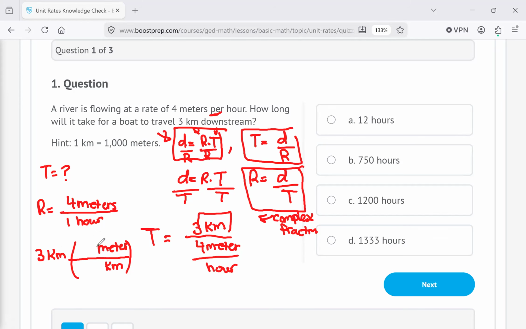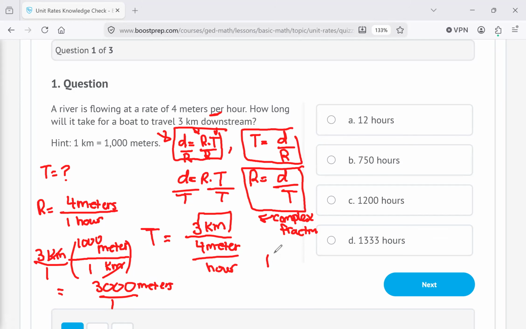For 1 kilometer, there are 1,000 meters. 3 times 1,000 is 3,000, and the invisible 1 times 1 is 1. The kilometers disappear and you're left with meters. So you can replace kilometers with meters.